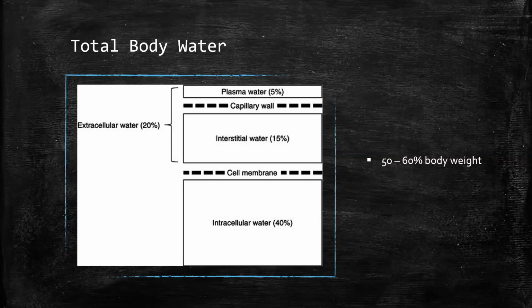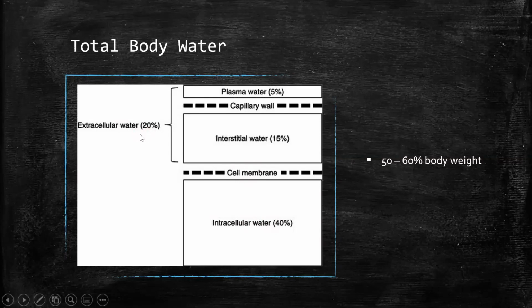As far as this little chart goes, it shows things here in percent. So I personally think of it more in fractions, but whatever works for you. In the intracellular space, that's where about 2/3 of our water exists. And in the extracellular space, about 1/3 of our water is there.